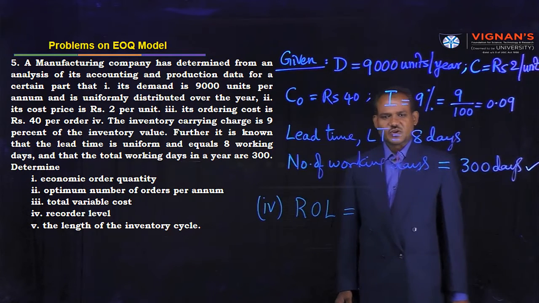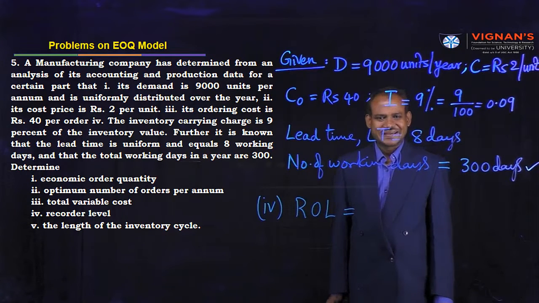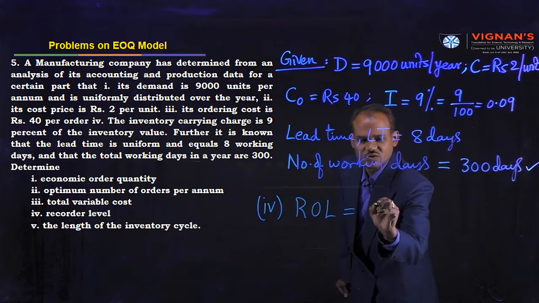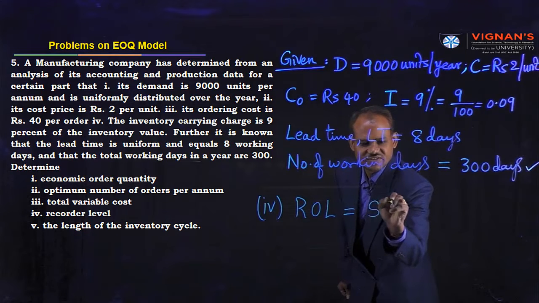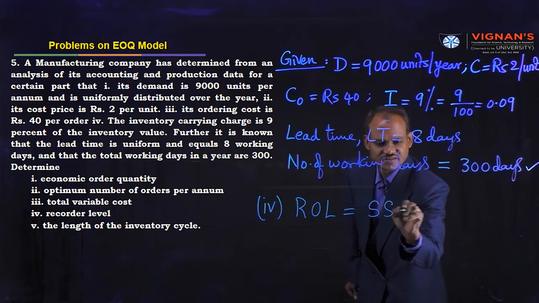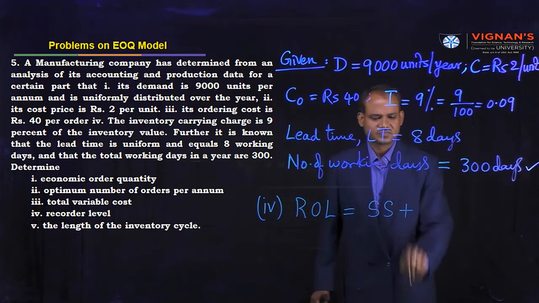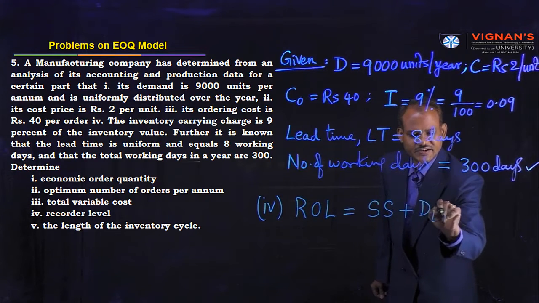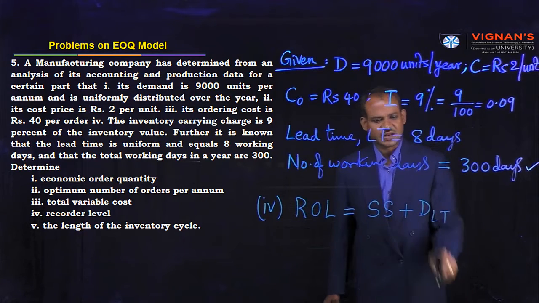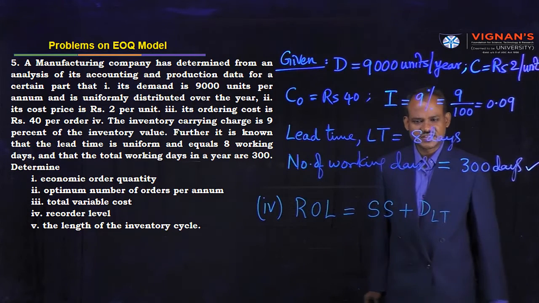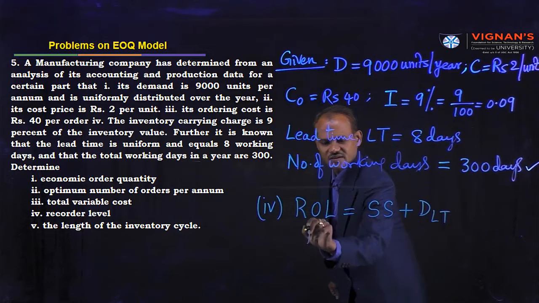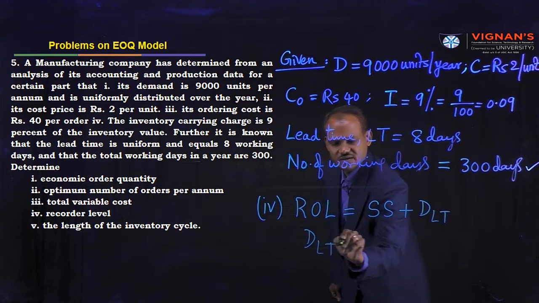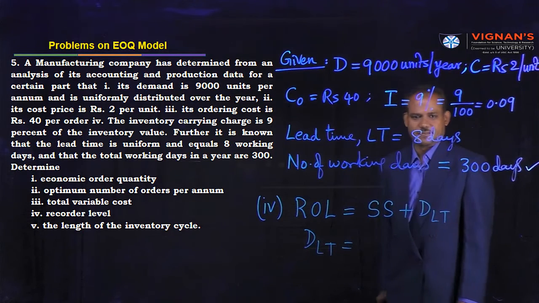Remember this formula: reorder level is equal to safety stock SS plus demand during lead time, represented by the symbol D suffix LT.